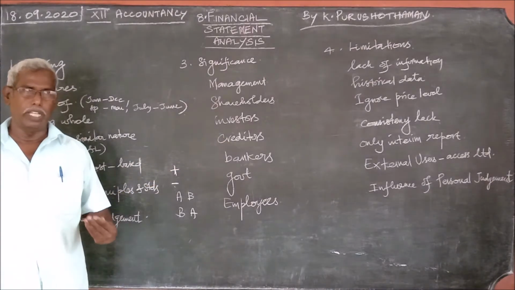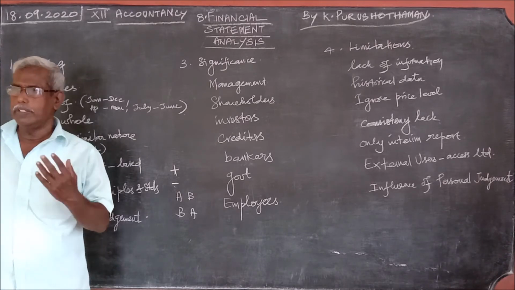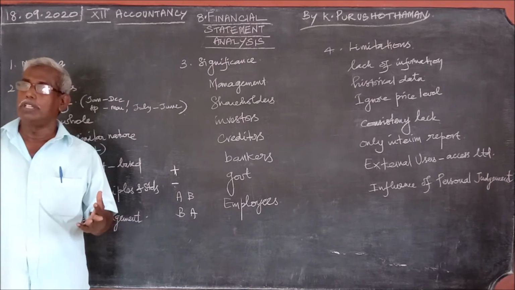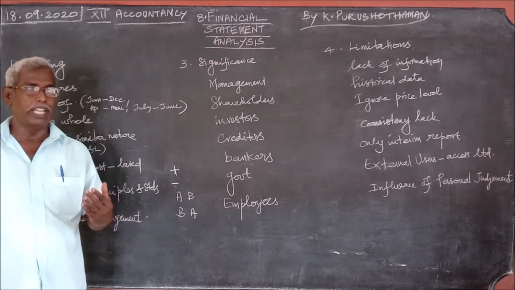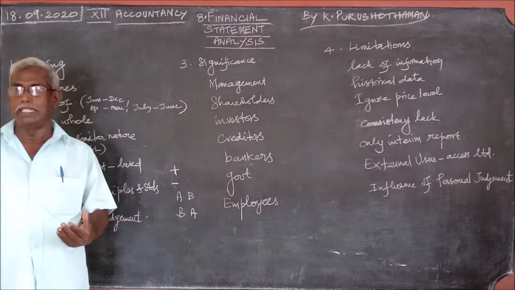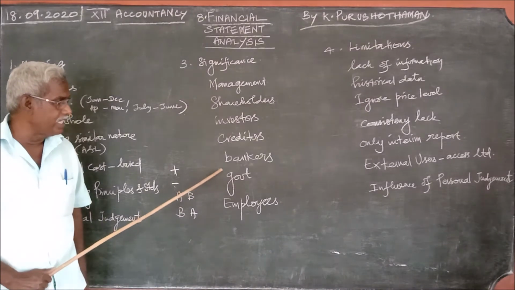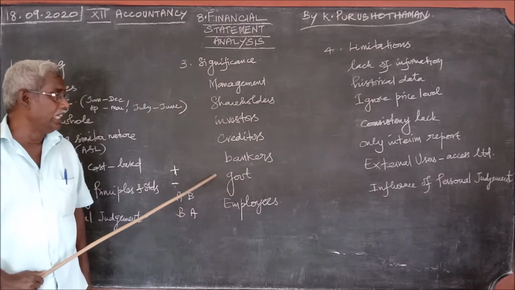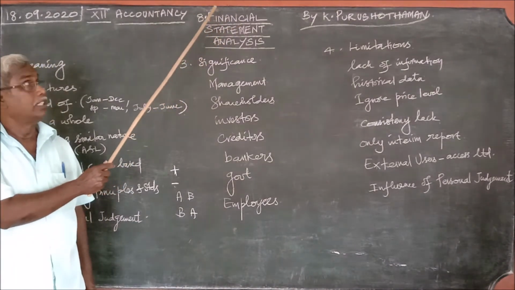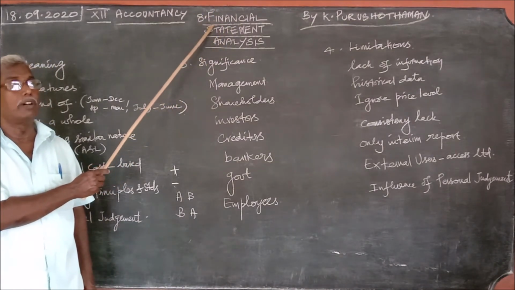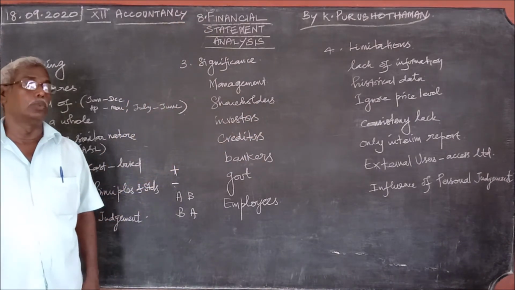Whether the profit is 1 lakh, 2 lakh, 5 lakh, 10 lakhs, 1 crore, 10 crores, whatever it is, how much amount is earned by the business, and how much tax should be paid by the business concern. For all these things, the authenticity for the government to levy tax is the financial statement, because this financial statement consists of the balance sheet and the trading and profit and loss account.